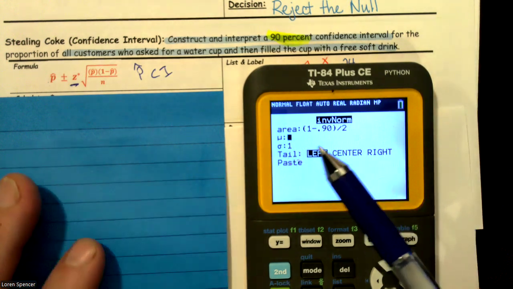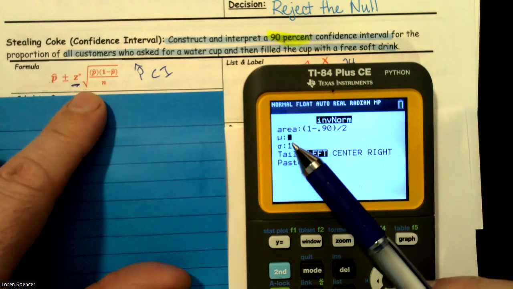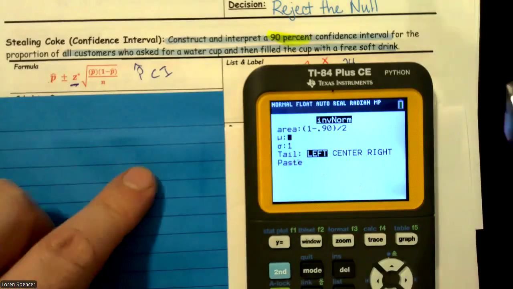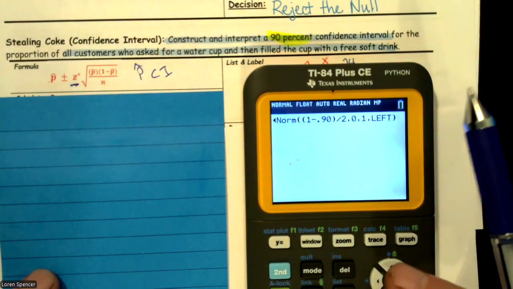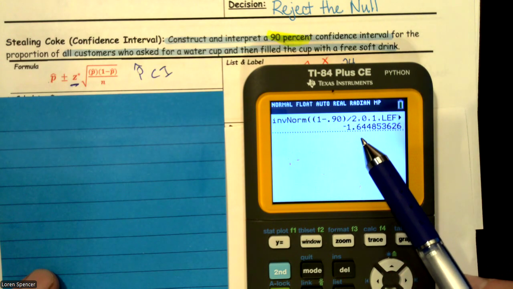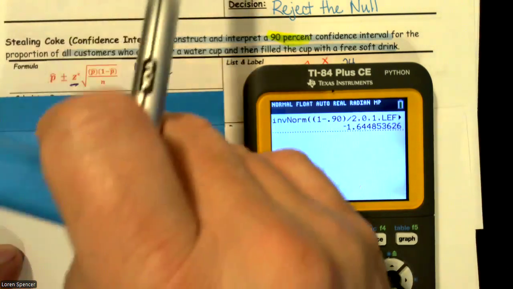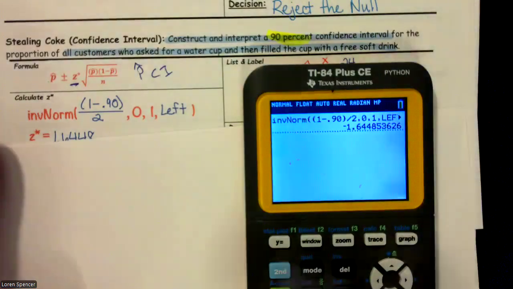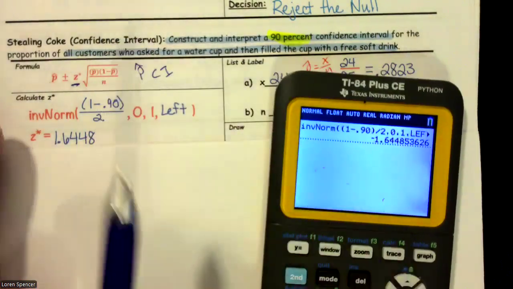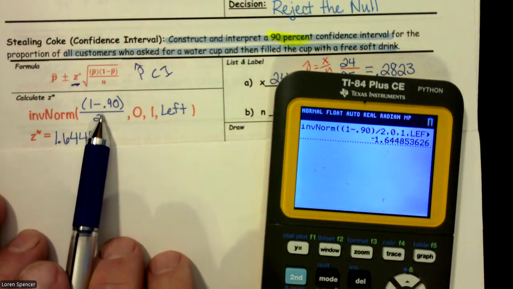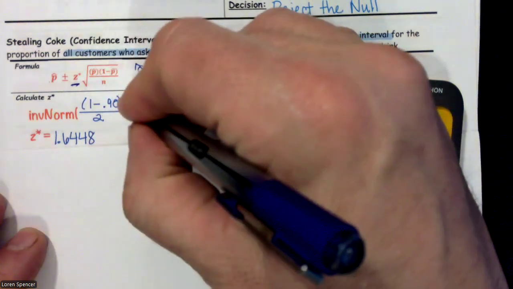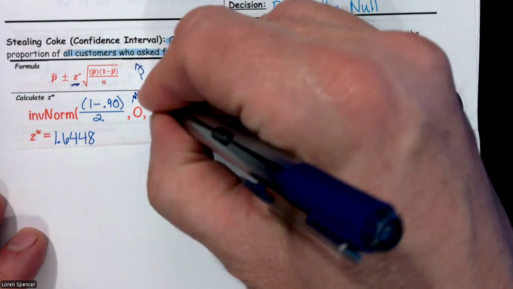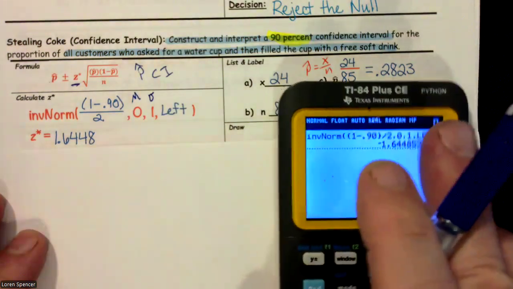Because we're working for a z, we're looking for a mean of 0 and a standard deviation of 1, and we're always going to keep this to the left. And we'll go ahead and make this positive. So we're going to end up with a positive 1.6448. Once again, 1 minus 0.90 divided by 2, mean is 0, standard deviation of 1, coming from the left, and that's our z.